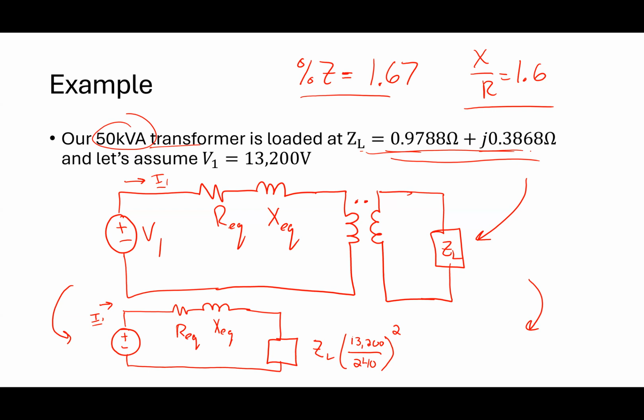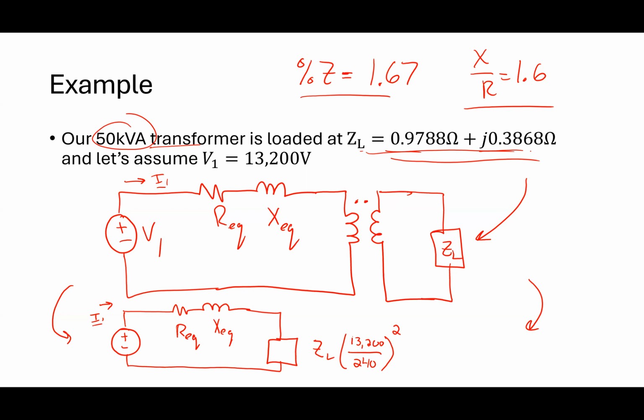I could have an impedance of 0 here, and then there's going to be a heck of a lot more than 50 kVA going through that thing. It's rated to give 50 kVA, but I can operate it lower than that.